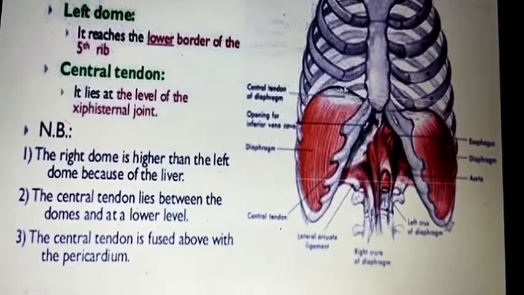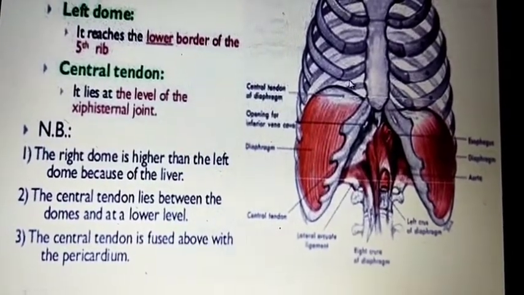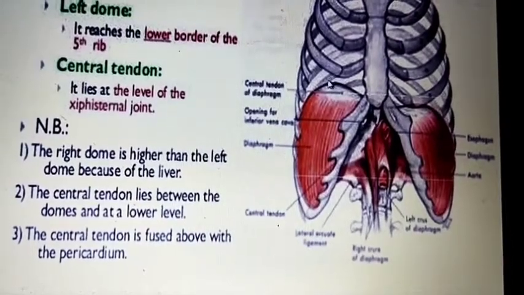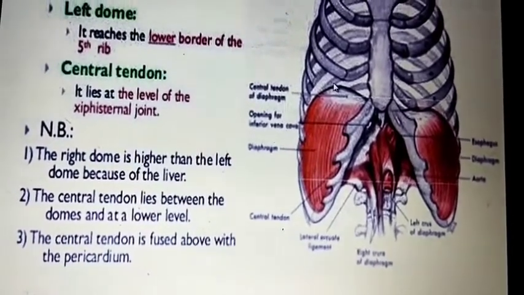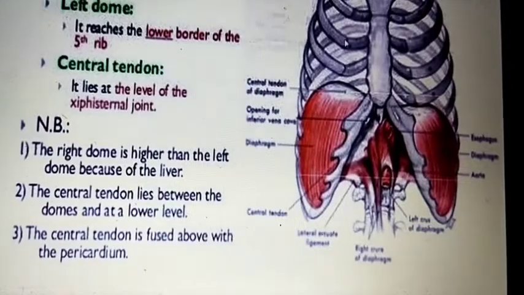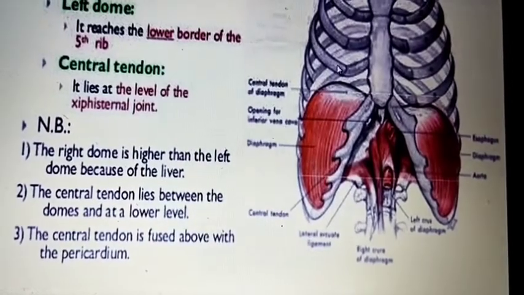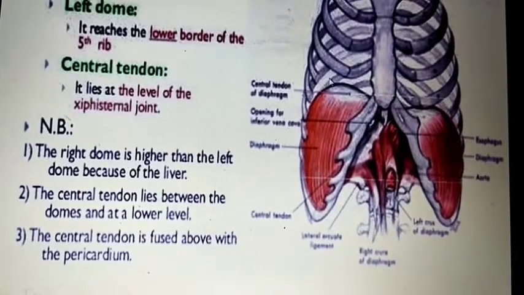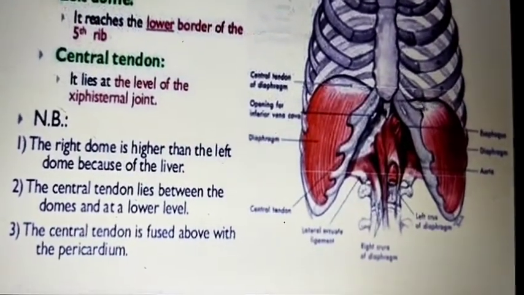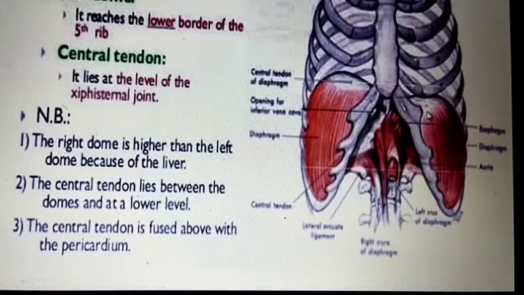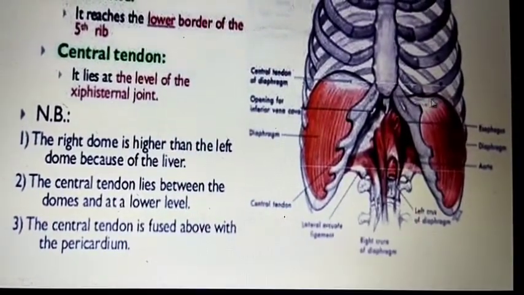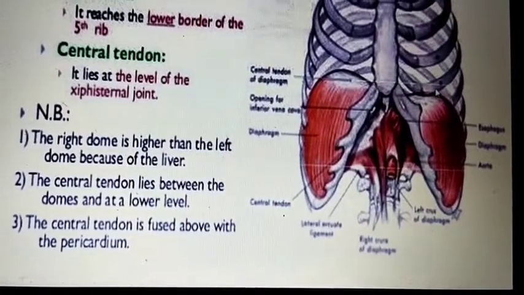Or you can also say it is present between the fourth and fifth intercostal space. The right dome reaches up to the fourth and fifth intercostal space, or the upper border of the fifth rib, and the left dome reaches up to the lower border of the fifth rib.